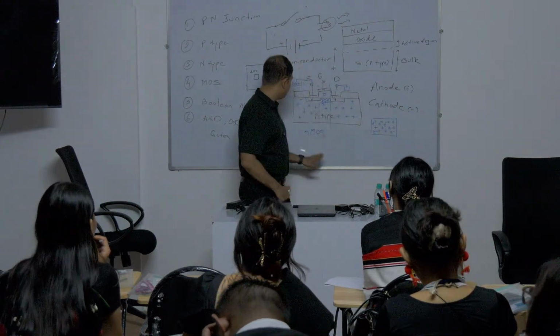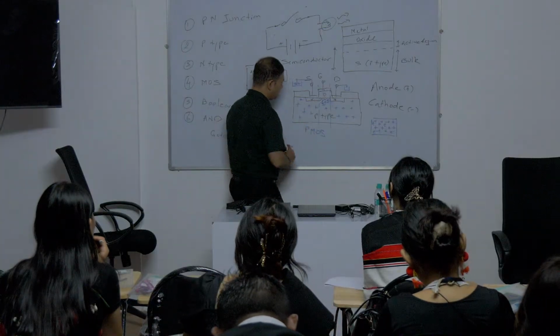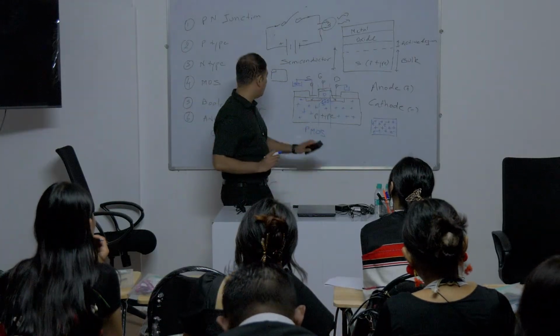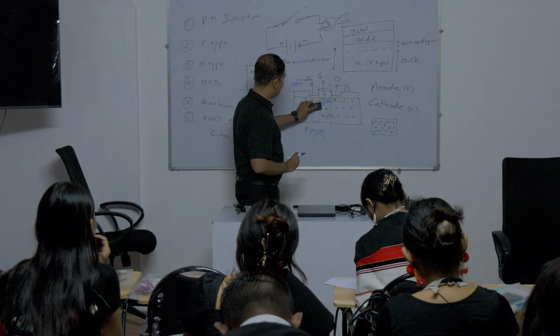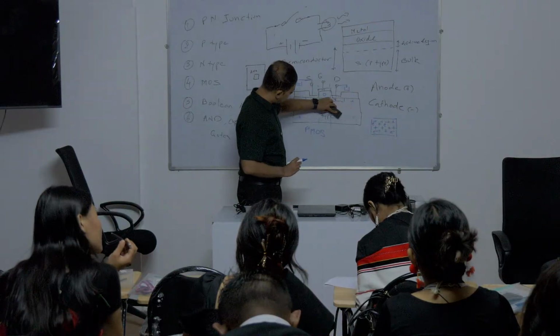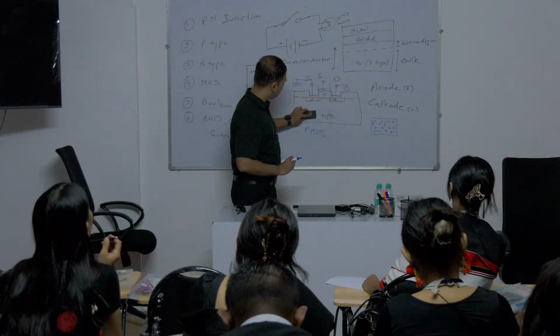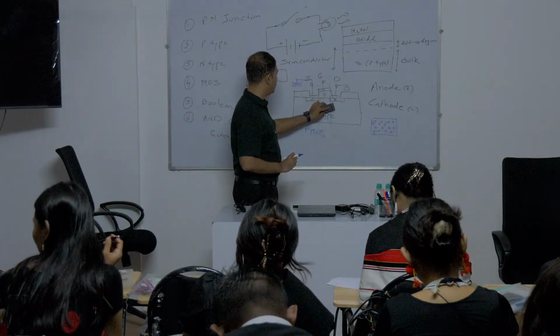So similarly, if you go for PMOS now, first of all you should think about what your substrate should be. The substrate will be of n-type or p-type? Why n? How did you decide that it is n?